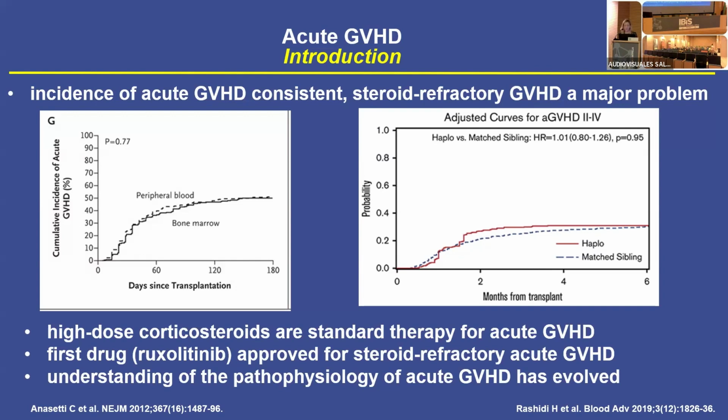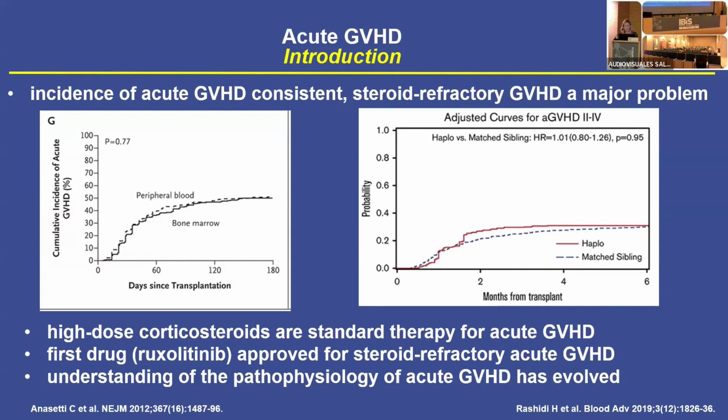High-dose corticosteroids are still standard therapy for acute GvHD, and we want to move towards a personalized approach, because in this way of treating the patient, some patients are probably being overtreated and the other ones are being undertreated. This is why we need a personalized approach. We are lucky to have a drug approved in the steroid refractory setting today, which is ruxolitinib.